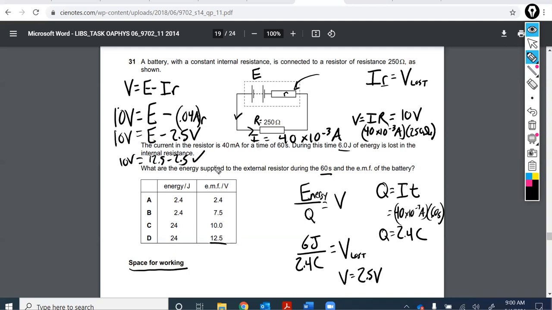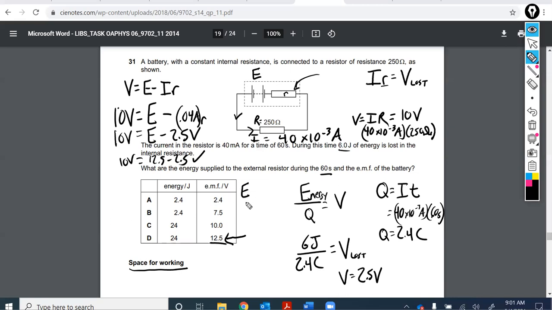But now it says, what is the energy supplied to the external resistor? So if we're getting an EMF of 12.5, there's no ambiguity here in these answers. It's got to be 24, right? Unless we made a mistake here. So we might reveal a mistake if we get some other energy besides 24. But the energy supplied to the external resistor, let's think about energy different ways here.